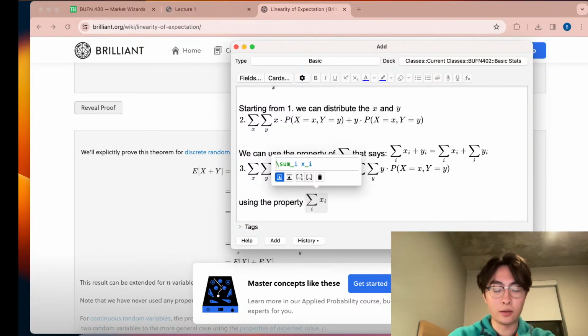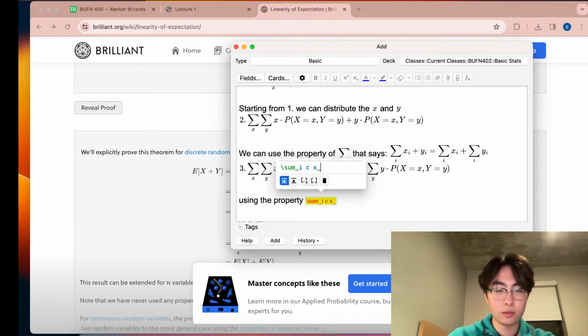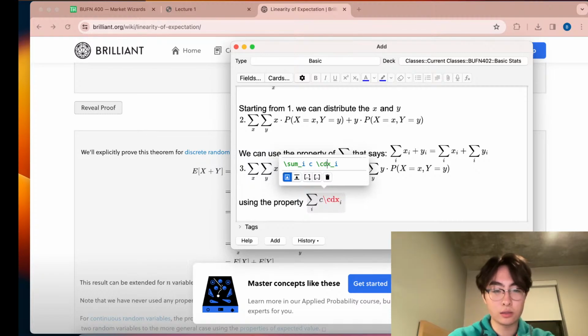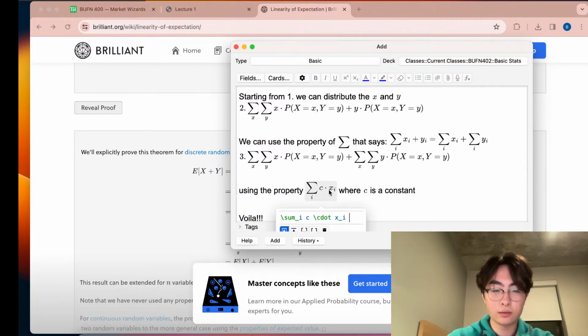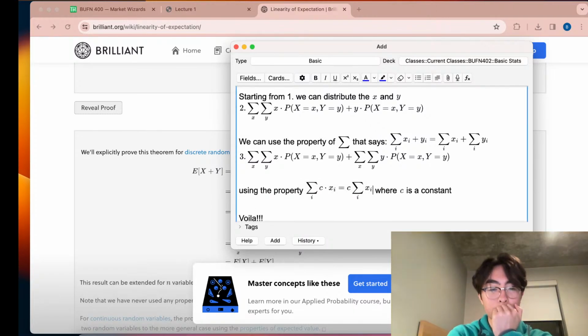So this is actually equal to c times the sum over i of xi, because within this summation, x becomes a constant.